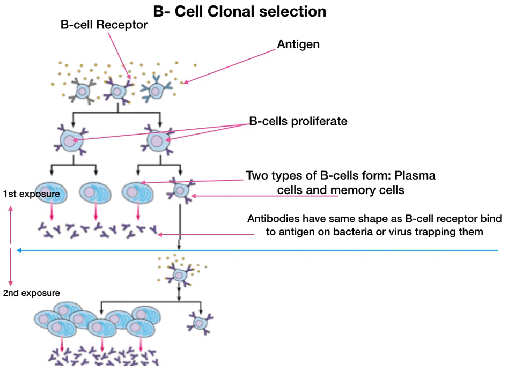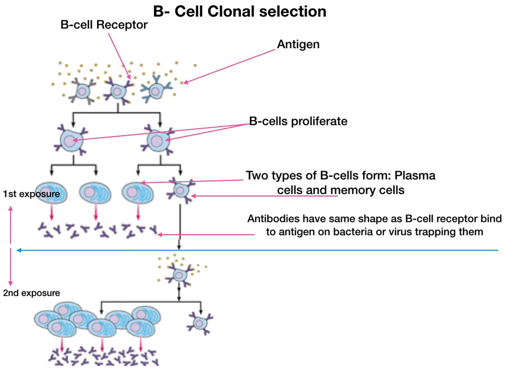This is what we refer to as the second exposure. And those memory cells produce this response much more quickly the second time, because the first time we had to find the right B cell, activate it, and proliferate it, all before we could make the plasma and memory cells.